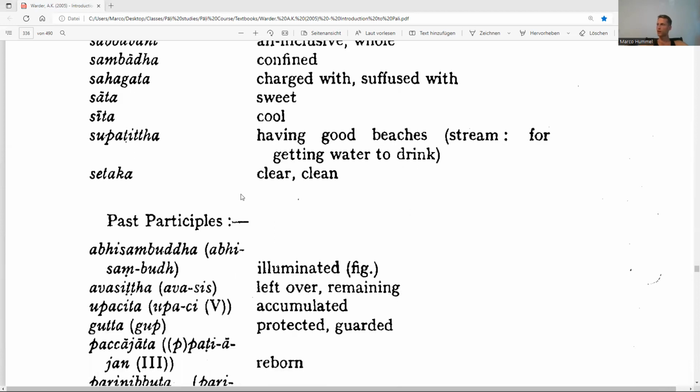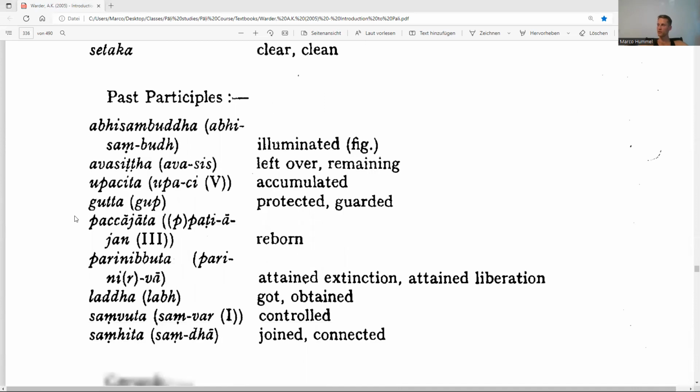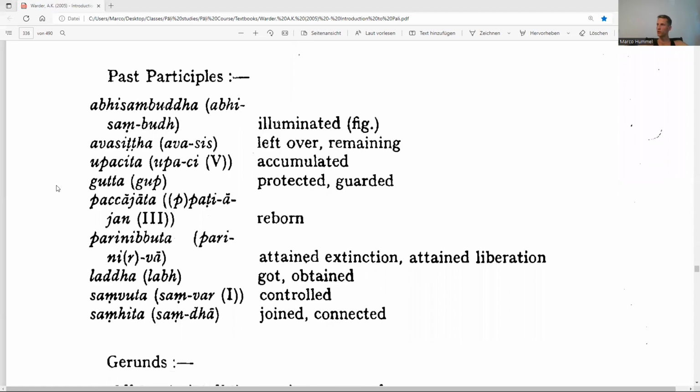Setaka, clear or clean, and a few PPPs. Abhisambuddha, I will illuminate it; rather, I would take it as became awakened or attained awakening. Avasiddha, left over, remained. Upacita, accumulated. Gutta, protected or guarded.